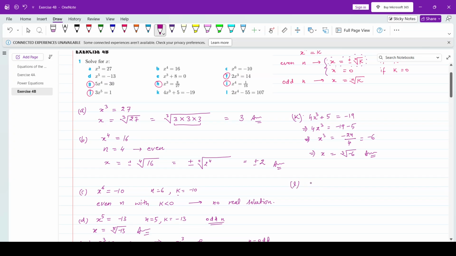L is 2x raised to the power 4 minus 55 is equal to 107. So 2x raised to the power 4 is equal to 107 plus 55. That is 162. And x raised to the power 4 is 162 divided by 2, that is 81.